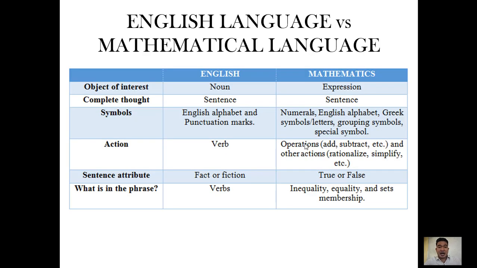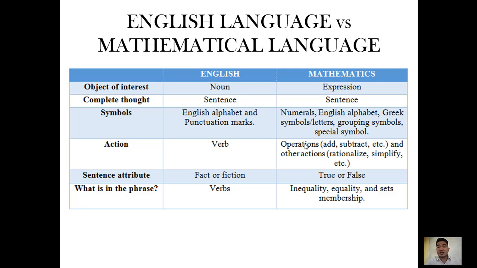This time, let us discuss English language versus mathematical language. Every language has its own vocabulary or words and its rules for combining such terms into full thoughts, or what we call sentences. Mathematics is not an exemption.